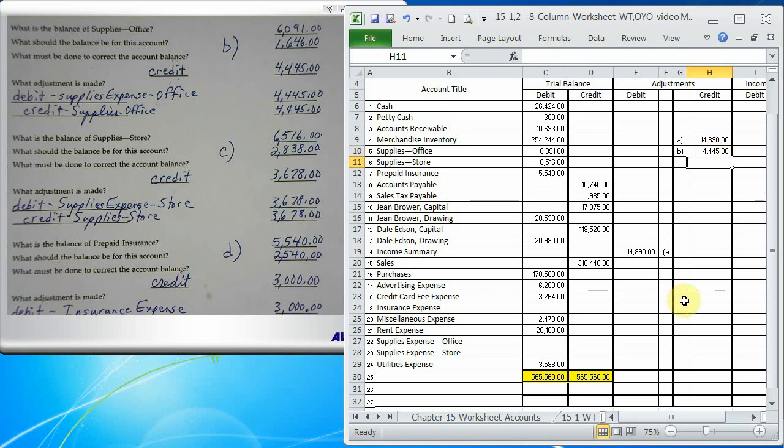Then we go down to the supplies expense store, and we put the same amount in there.